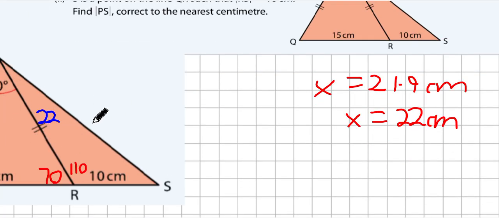Pick a letter that's not in use. Maybe A. Small a do the job. Okay. First thing, we always try the sine rule, don't we? Who's fighting 110? So 110 over sine A. Who's fighting 22?